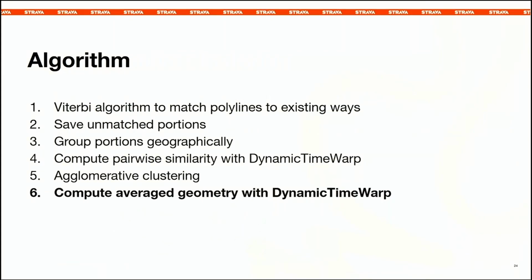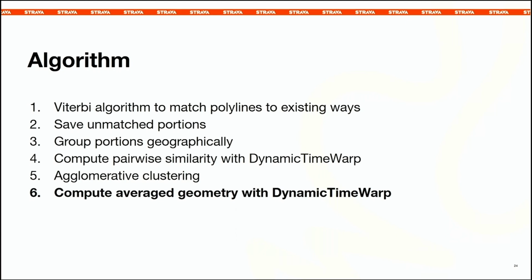Great, so now we have clusters, and then we want to compute the average geometry. Once agglomerative clustering is done, we can take the warp path output of the dynamic time warp algorithm to compute the average geometry. That involves taking the most simple geometry in the cluster and using DTW to average out the geometries grouped in that cluster.